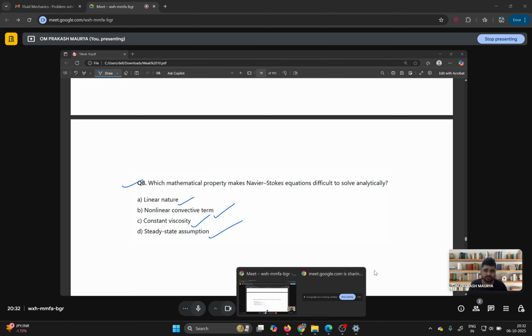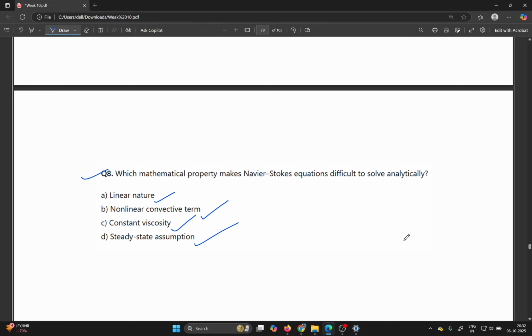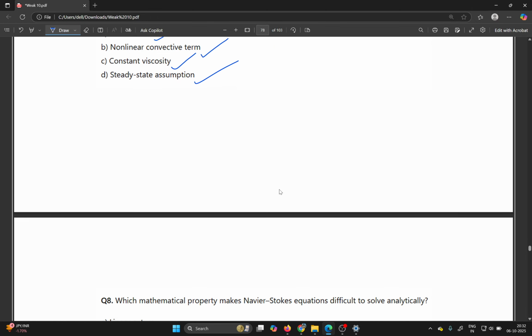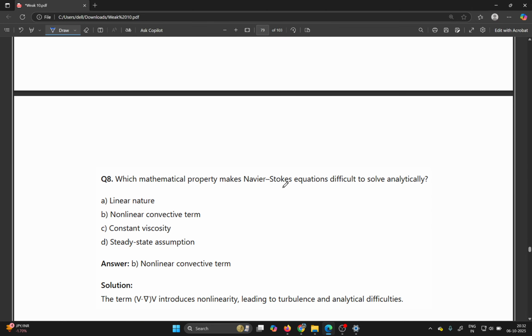Okay, so let me just... yes. So I think non-linear equation is very difficult to solve. So definitely, the non-linear convective term means your velocity times the del operator, and this is your non-linear term.